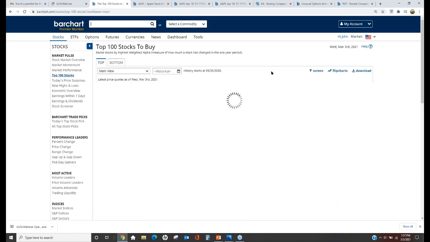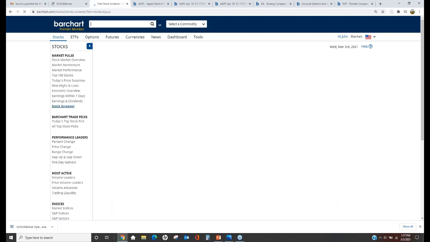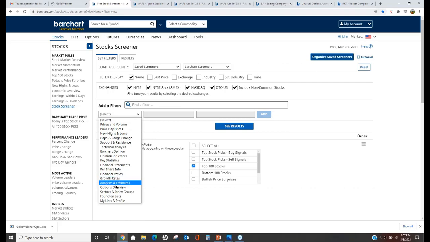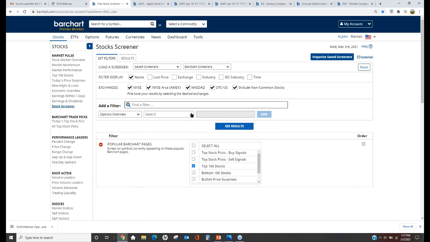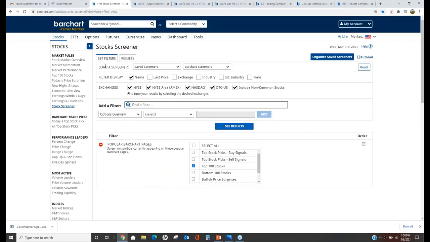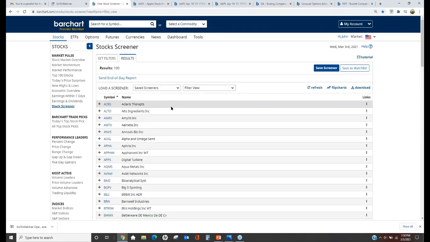So what Gene is showing here, and my Barchart is kind of slowing down, it's just my internet right now, is I can come in here and screen on any list I have. And here's a stock screener. Under the options overview, I can pick: does it have options? What's my implied? What's my rank? What's my percentile? Even look for open interest. One of the cool things it can do, as Gene has said, is we can create screeners based on that.